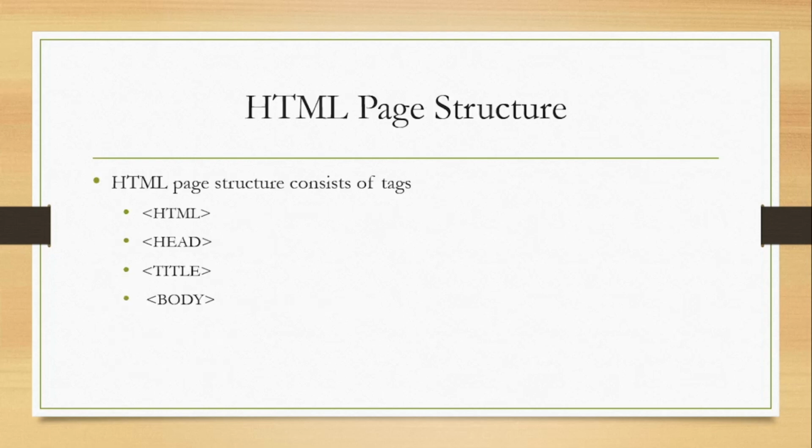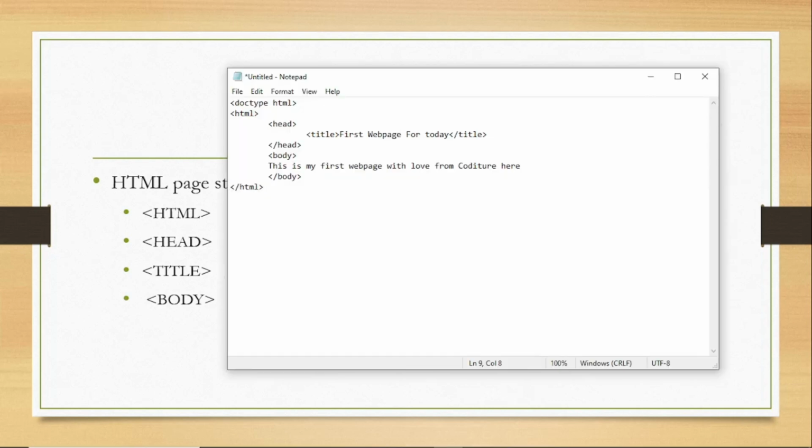HTML page structure consists of tags. This is a basic HTML structure. Now, let's define these tags that make up the HTML structure. The doctype HTML is there to tell browsers how to render the HTML code. It ensures that all browsers display the HTML code the same way.